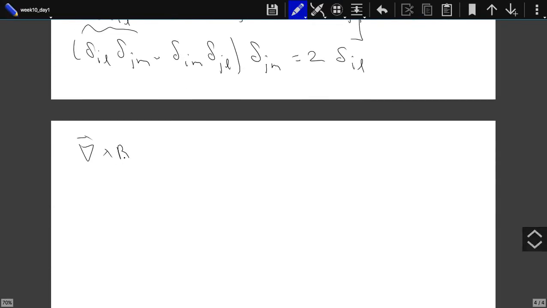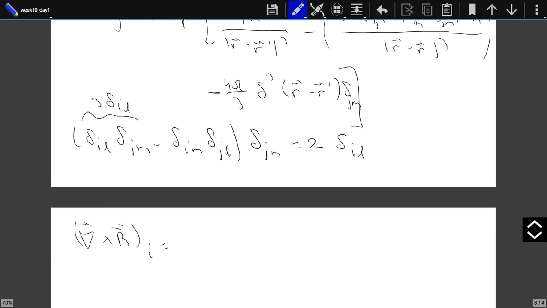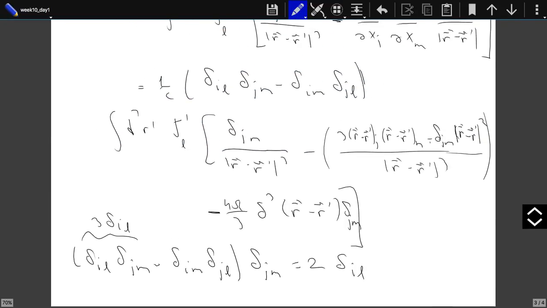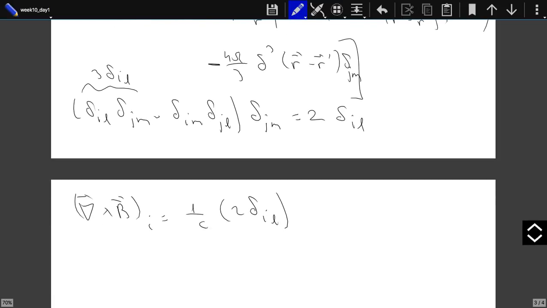So the curl of B, Bi, is equal to 1 over c, twice Kronecker delta il. I'm just first writing the Kronecker delta jm terms.